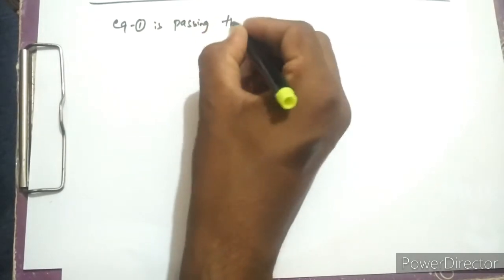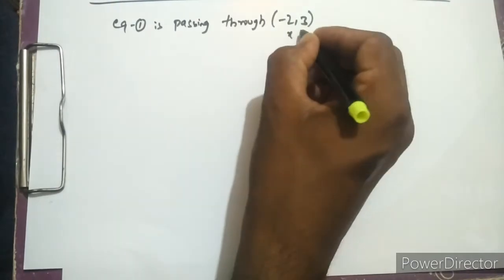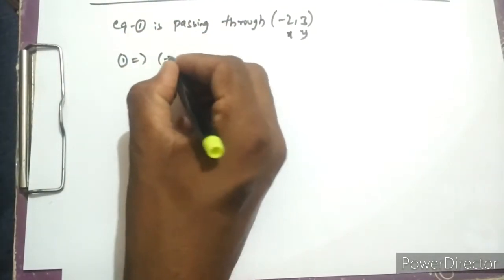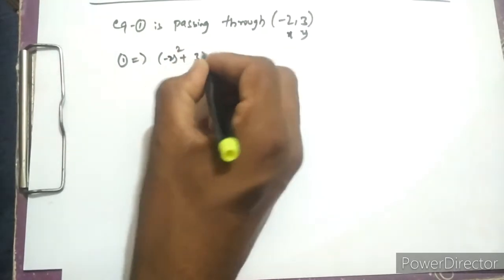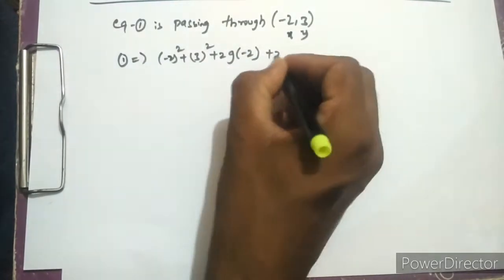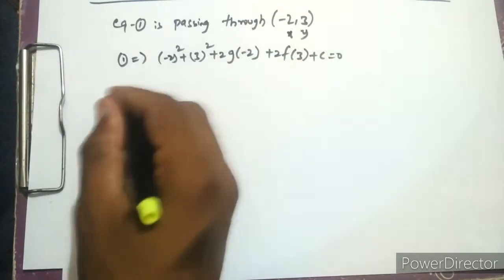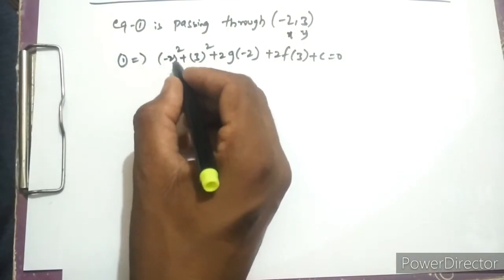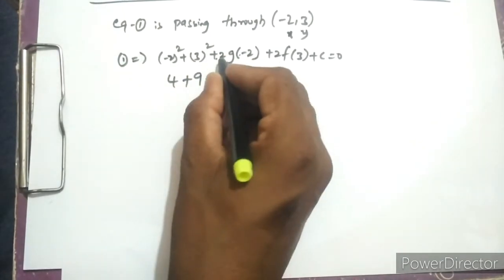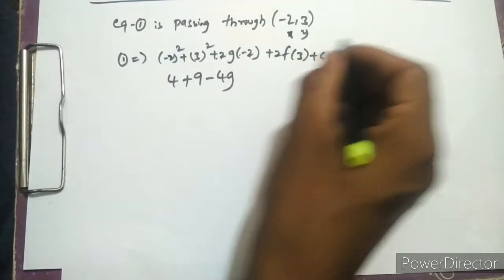Now equation 1 is passing through the point -2, 3. So this is the x coordinate, this is the y coordinate. So equation 1 implies (-2) whole square plus 3 whole square plus 2g into -2 plus 2f into 3 plus c is equal to 0. So 2 square is 4 plus 3 square 9 minus 4g.